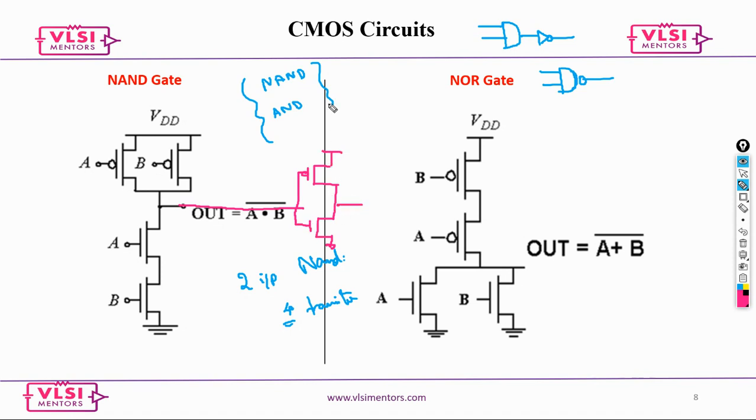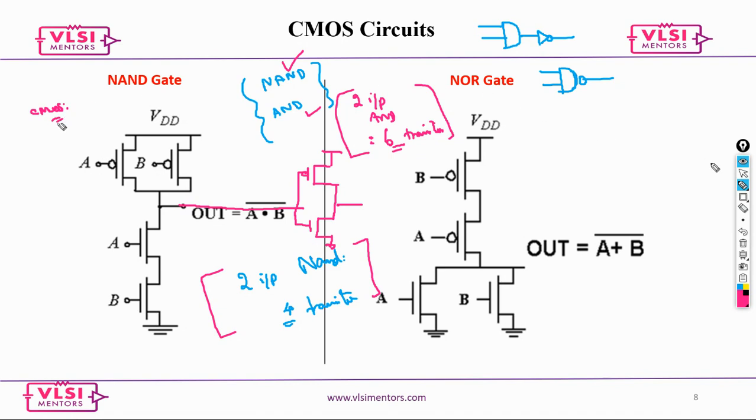So a two input AND will have how many transistors? Six transistors. Okay, now by looking at this, you can easily figure out that NAND is going to have a lesser area compared to AND. And this statement is true only in case of CMOS style.